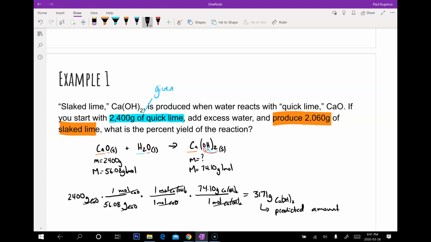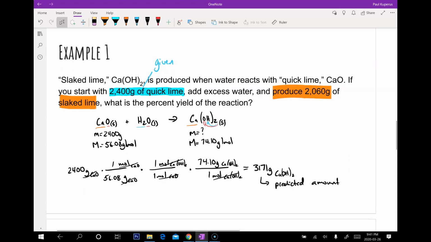Now, what is the percent yield of this reaction? Percent yield is equal to actual, 2,060 grams, divided by predicted, 3,171 grams, times 100%, which is a percent yield of 64.96%.